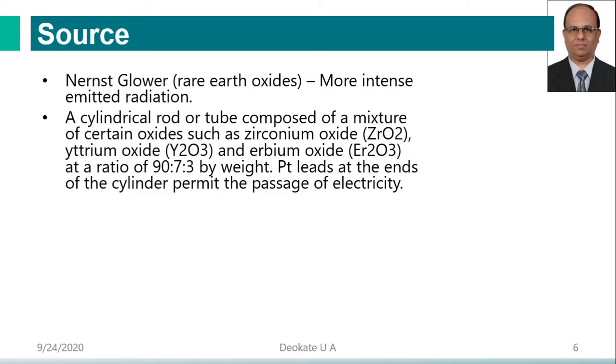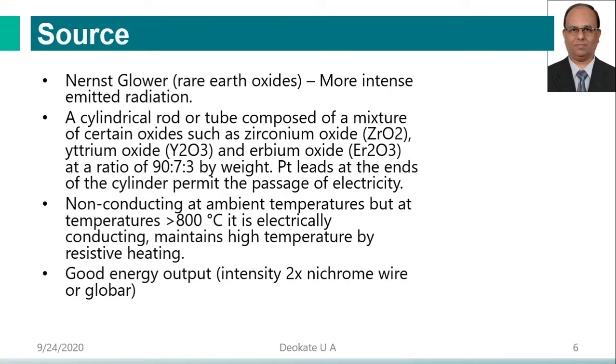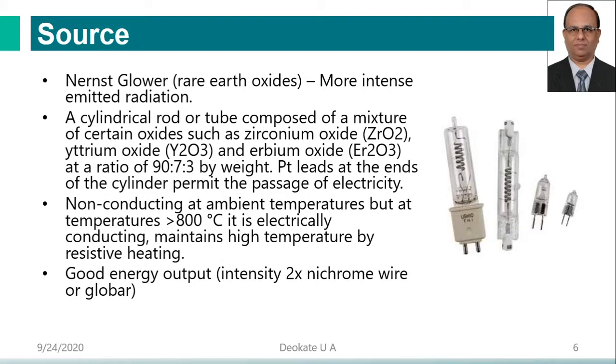Another source is your Nernst glower. Nernst glowers are constructed of rare earth oxides. They emit more intense radiation than the previous one. It is a cylindrical rod or tube composed of a mixture of certain oxides such as zirconium oxide, yttrium oxide and erbium oxide at a ratio of 90 to 7 to 3 by weight.